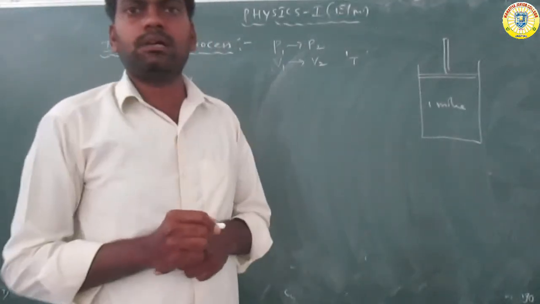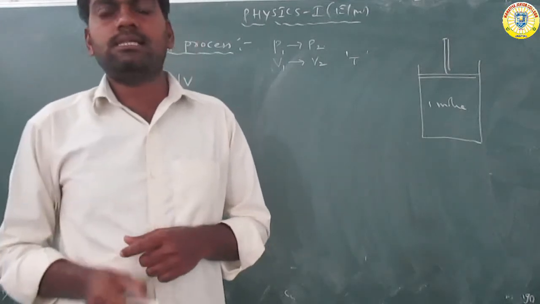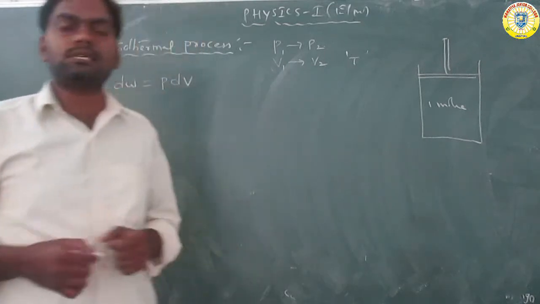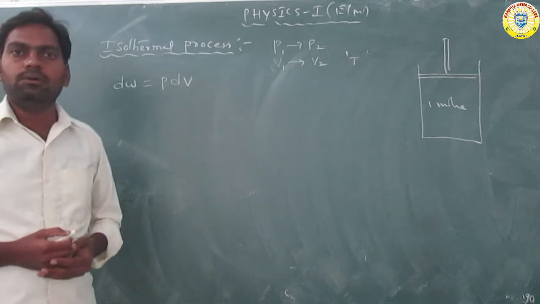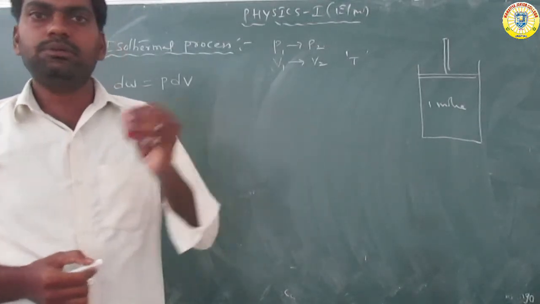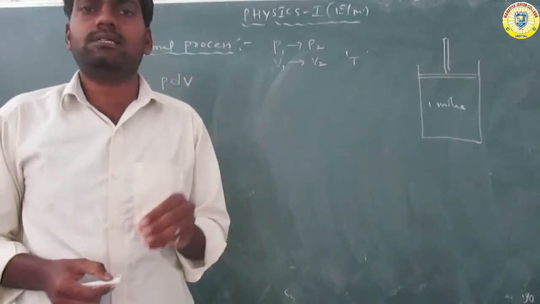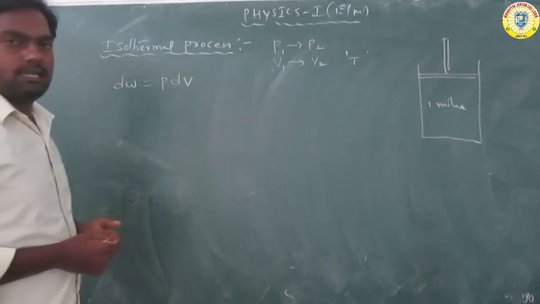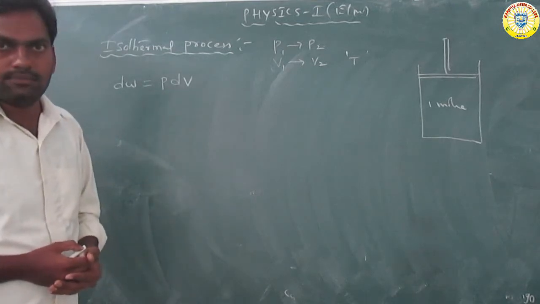What is isothermal? Isothermal means the pressure changes and the volume changes, but at a constant temperature. So dW is equal to P dV, due to the small extension dV in the isothermal process.